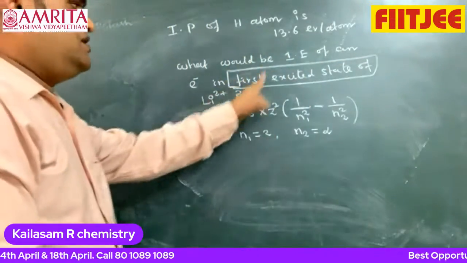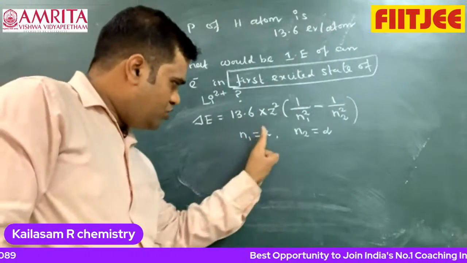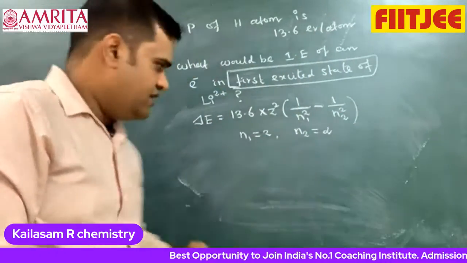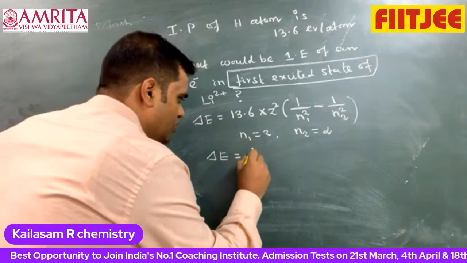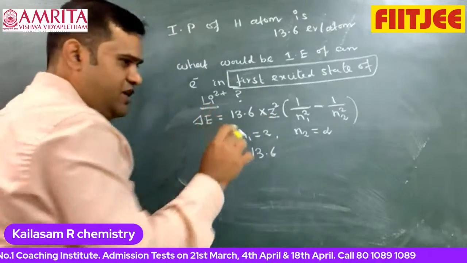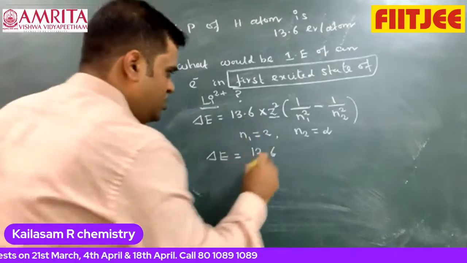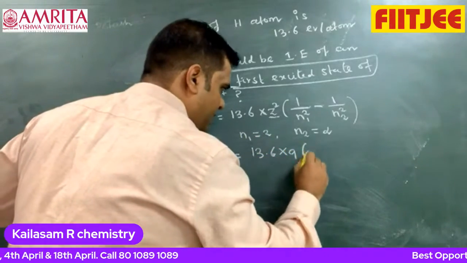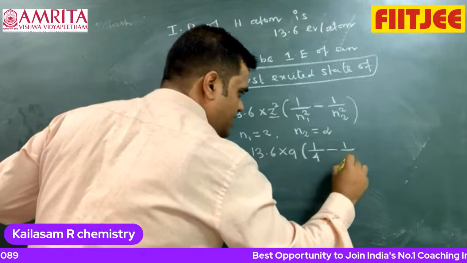So for the first excited state of Li2 plus, n1 is equal to 2 and n2 must be infinity. Therefore, delta E is equal to 13.6 into Z squared. We know that the number of protons in lithium 2 plus is 3, therefore 3 squared means 9, into 1 by 2 squared, which is 4, minus 1 by infinity.